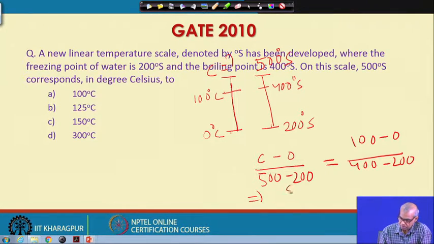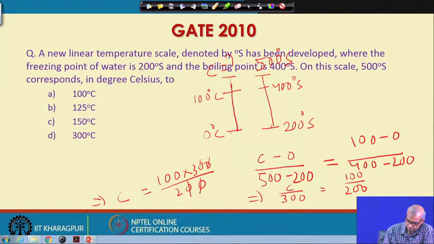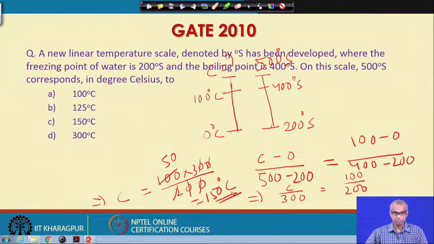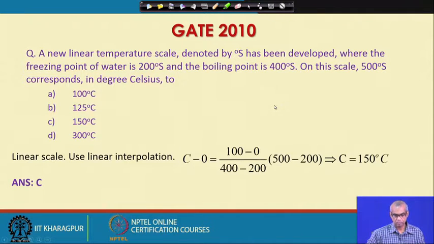So, this will become C by 300 equal to 100 by 200, which means C equals 100 into 300 divided by 200, which is 150 degrees Celsius. So, that should be the answer. Option C is the correct answer.